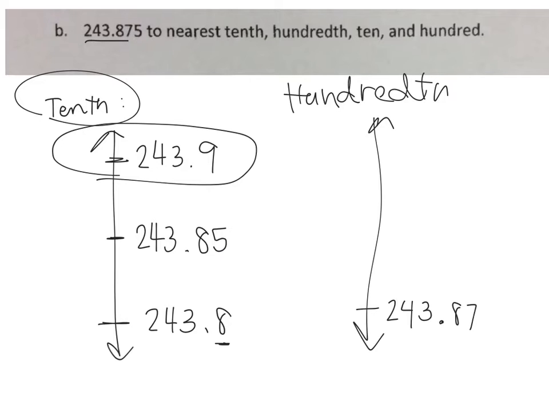If that's the lower limit, what's the upper limit? Ella said the upper limit is 24,388 hundredths.